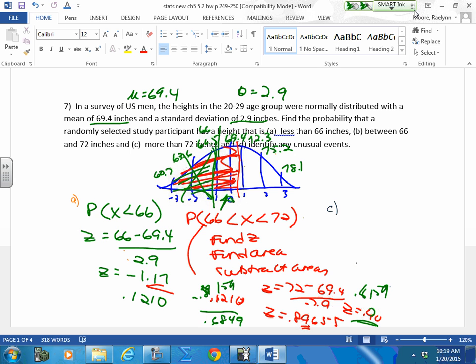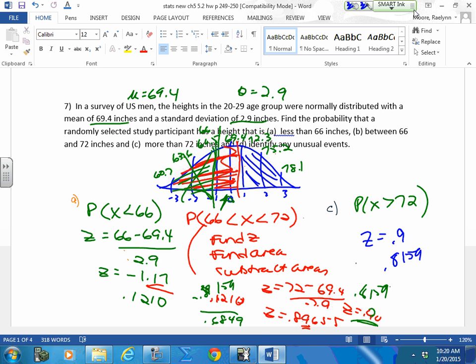Now the last part said the probability that x is greater than 72. Now we want this part right here. You already did 72. You found that z-score to be 0.9. You look up that area to be this. Could that possibly be greater than 50%?